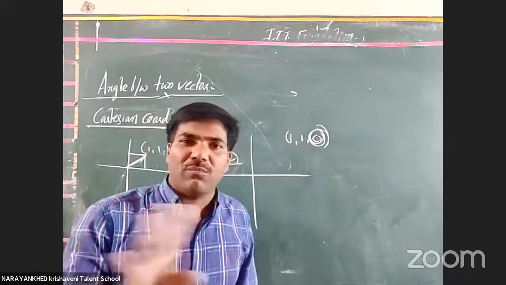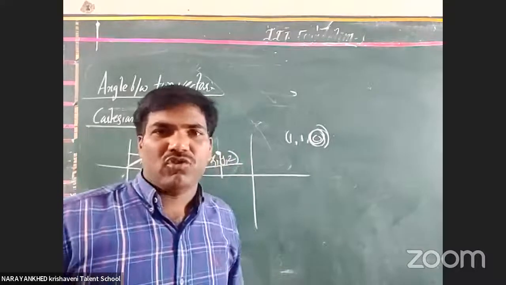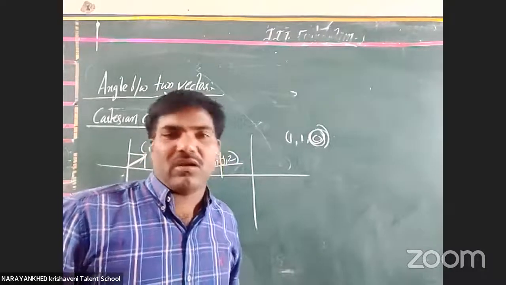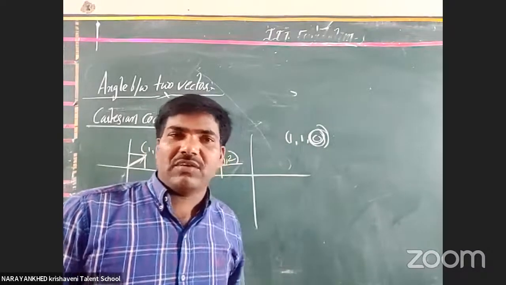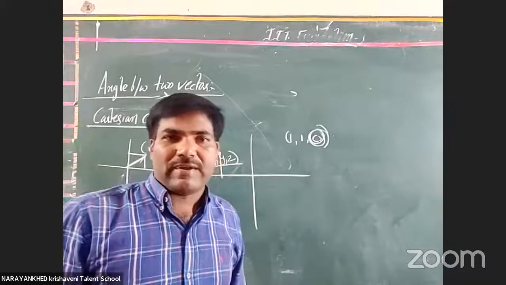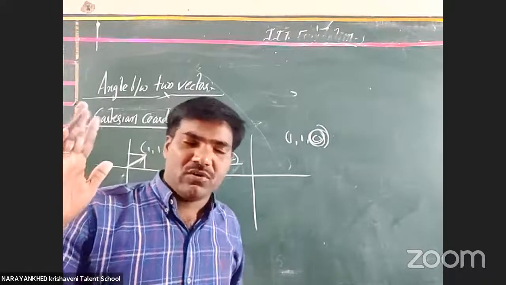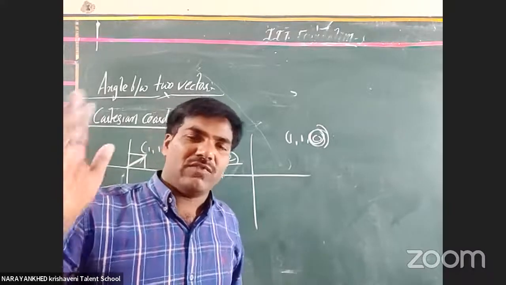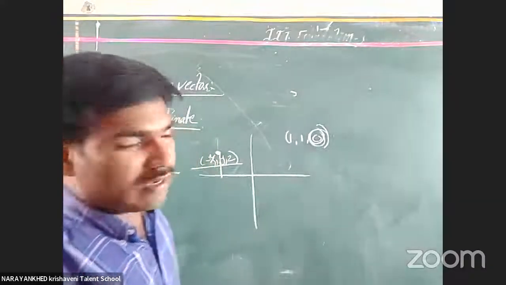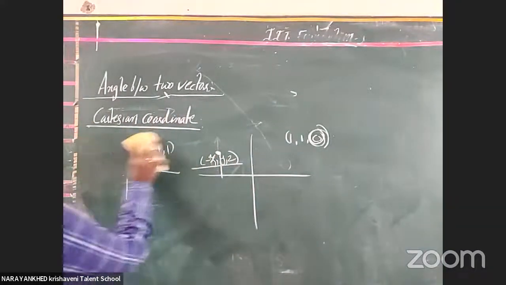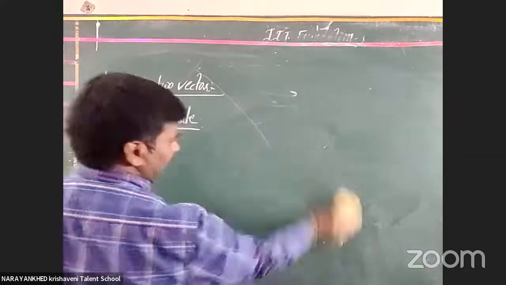By using one component, it is not possible to describe the body position. Got it? That is what is called Cartesian coordinates. The Cartesian coordinates give the position of our vector: where it is with respect to the x-axis, the y-axis, and the z-axis. Got it? This is all about the Cartesian coordinate system. Next, after this.